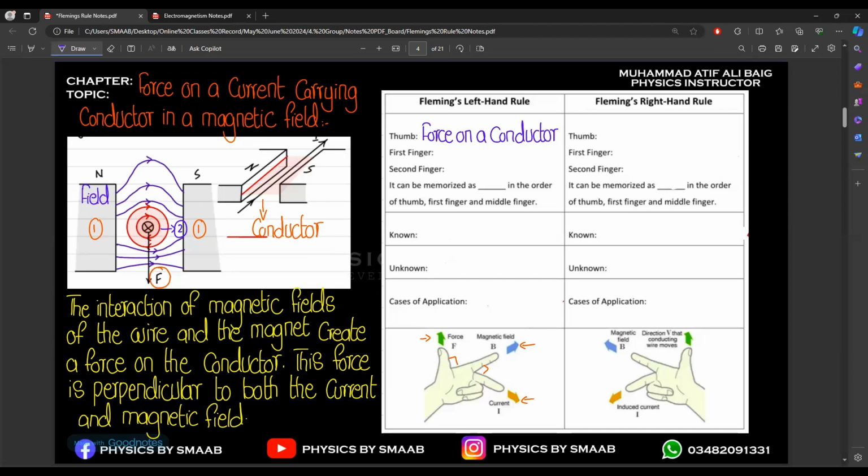In this, we use the thumb for the direction of the force, as you can see in the picture also. The first finger shows you the magnetic field, and the second finger shows you the electric current direction.